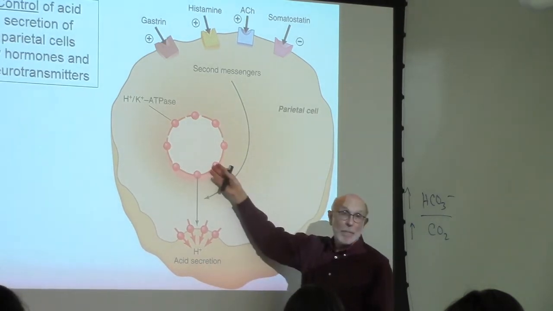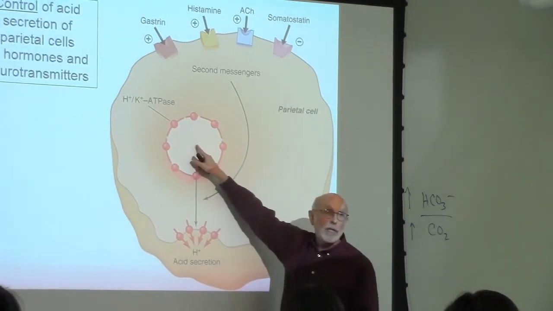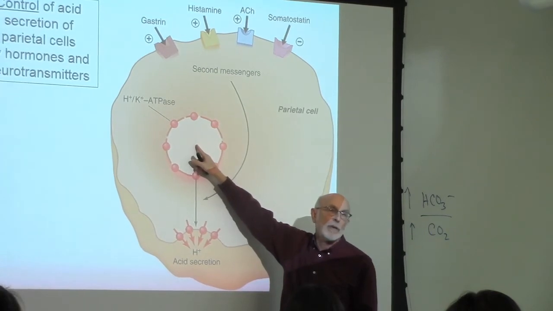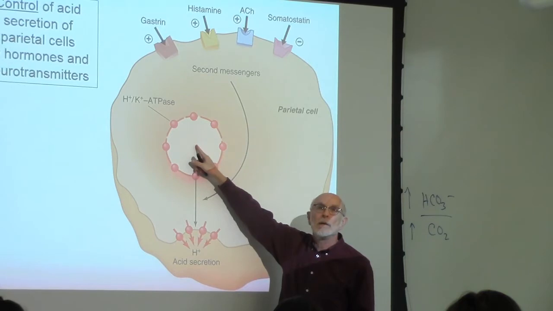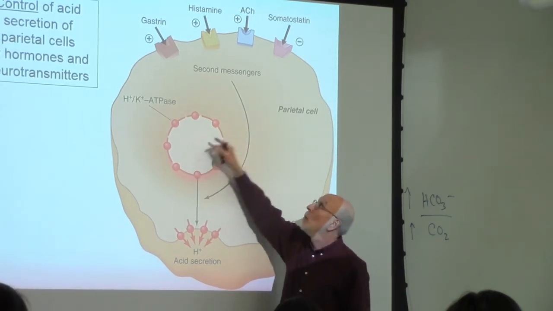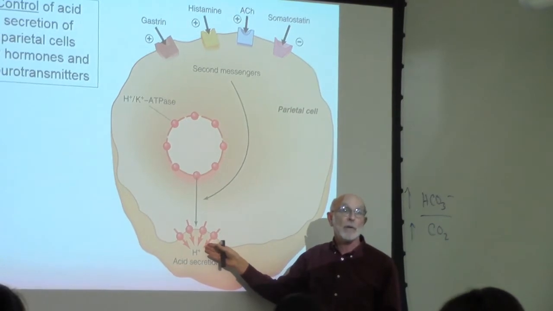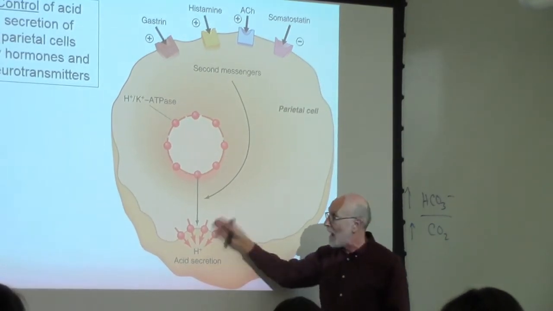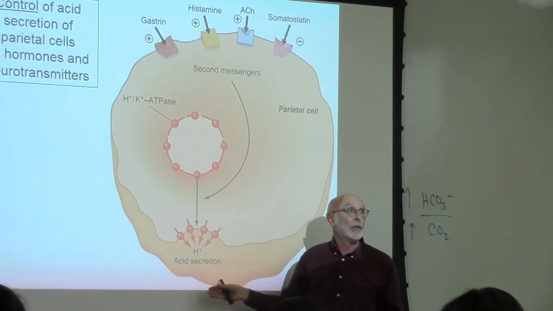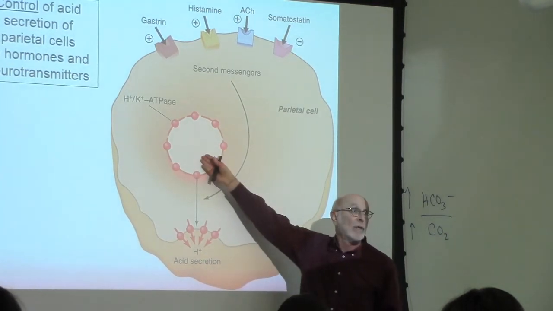So the pumps are pumping acid into the lumen of the vesicles constitutively, where it can do no harm. And then during a meal, we stimulate the exocytosis of these vesicles into the apical membrane, where that pump can now start pumping acid into the lumen of the stomach rather than into the lumen of the vesicles.